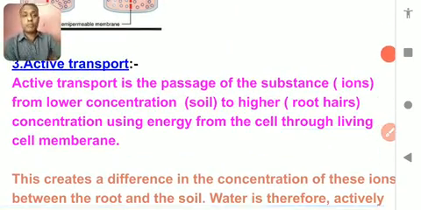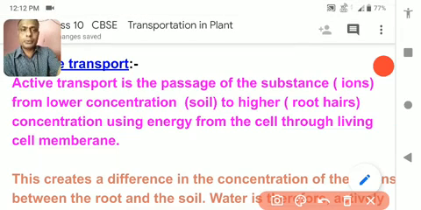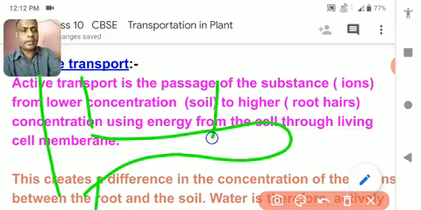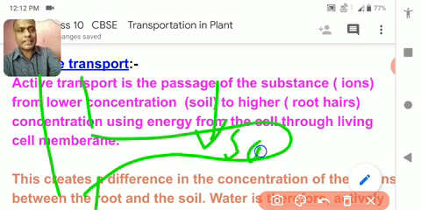So later, the active transport. It is one of the most important forces which helps to transport the water through the xylem column or xylem vessels. Let's study. What happened? You know that water easily enters the root hair by osmosis, and there is no need of energy, while the concentration of salt is more in the root hair.